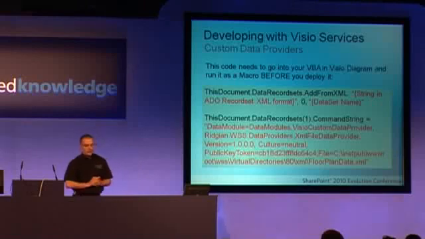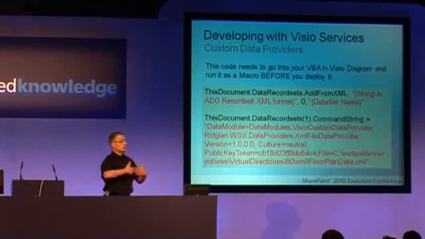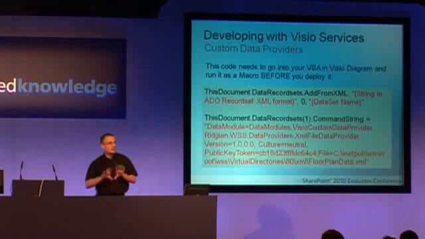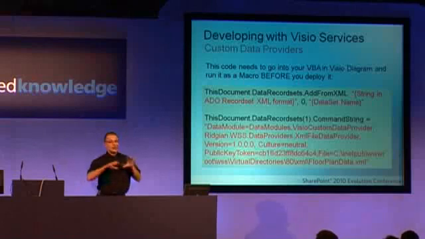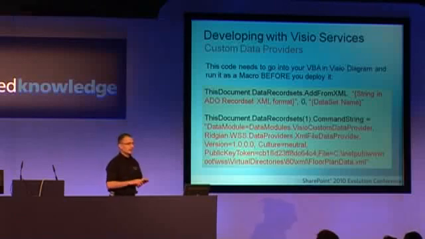Okay, so we have two lines which we have to call. This is a little bit of VBA code running within your Visio diagram. This code does not run on Visio Services. It only runs in your diagram whilst you're writing it, okay?